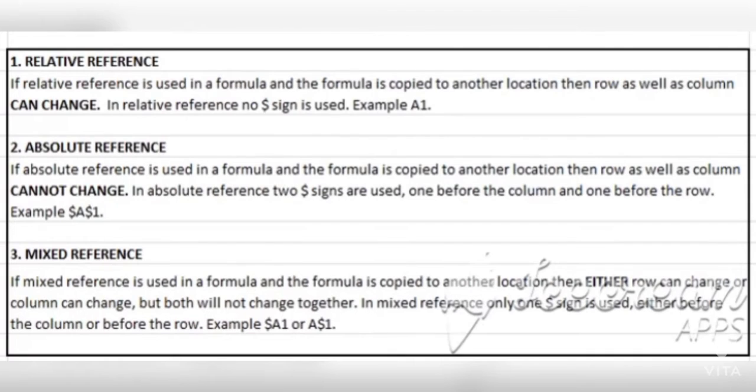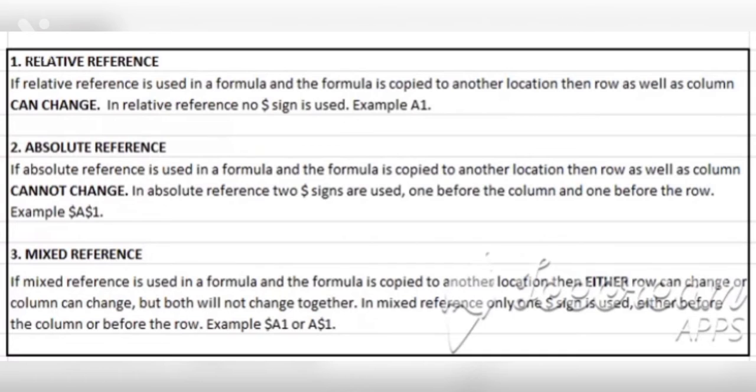Now absolute reference. If an absolute reference is used in a formula and the formula is copied to another location, then the row as well as the column cannot change.